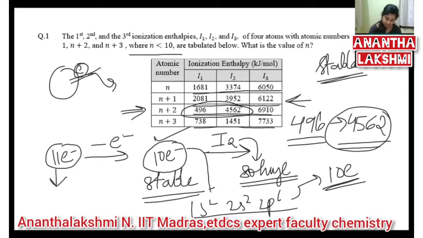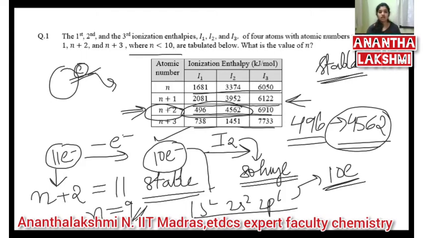At the initial state, it has n plus 2 electrons. So our answer is pretty straightforward. n plus 2 is 11 and hence n is 9. This question was easy, simple. You just need to observe. Now let's move on.